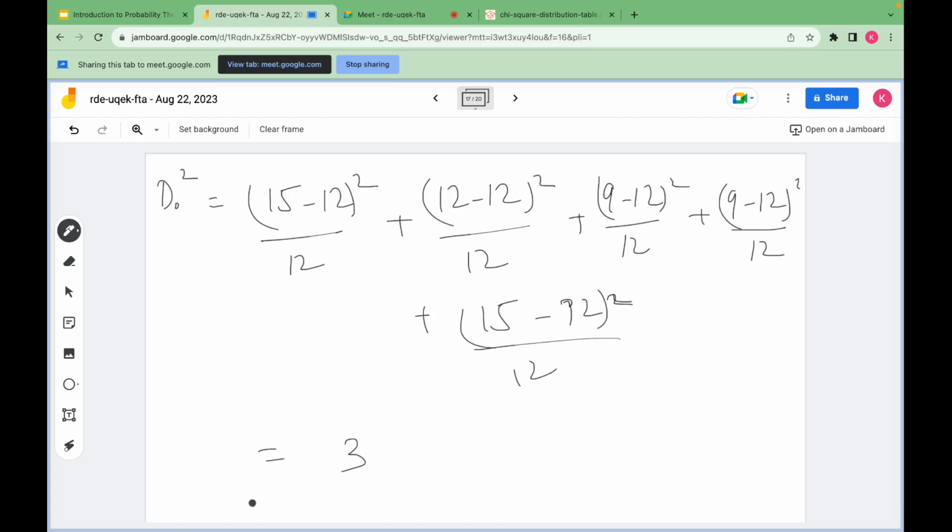Okay. Now we will calculate our chi-square for k minus 1 comma alpha. What is k here? Alpha is the level of significance and k is the number of observations.